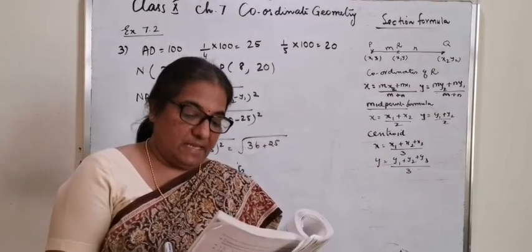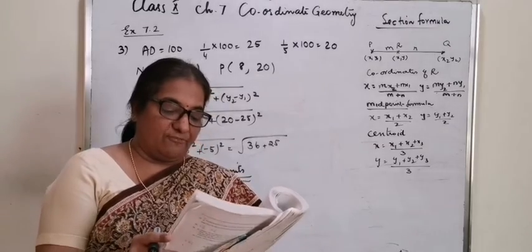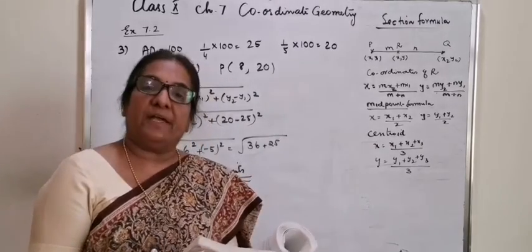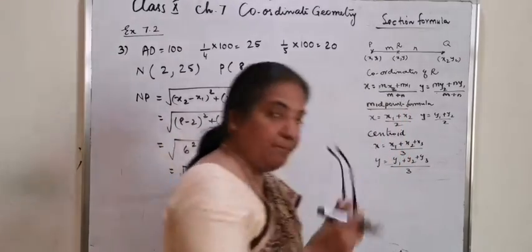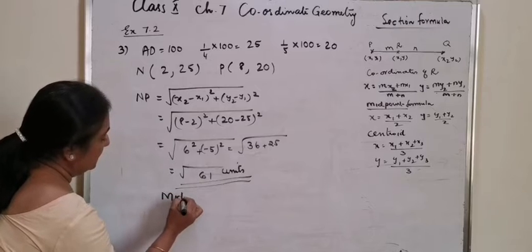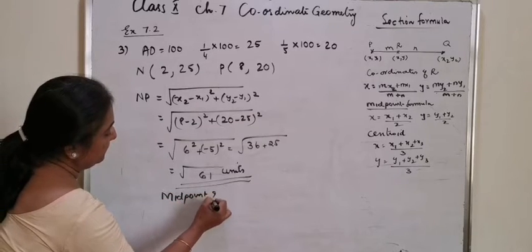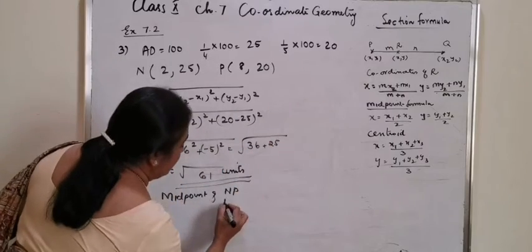The next question is, if Rashmi has to post a blue flag exactly halfway between the line segment, where should she post her flag? So you have to find the midpoint of NP. Let's plot the point R as the coordinate.